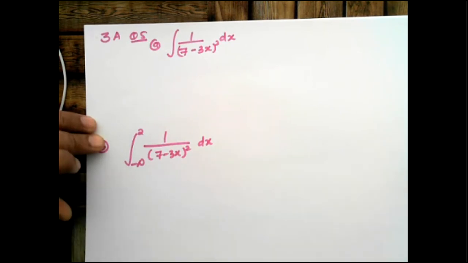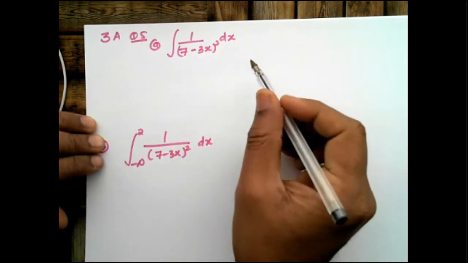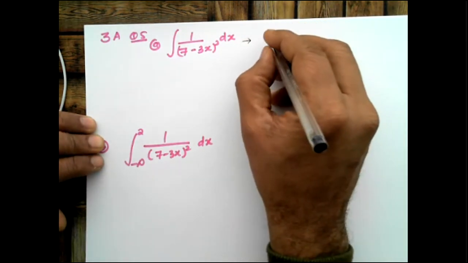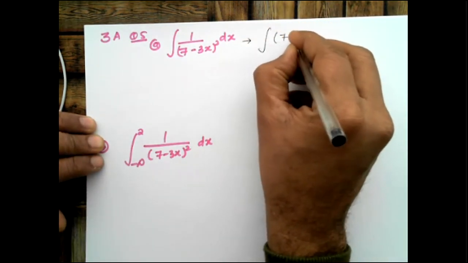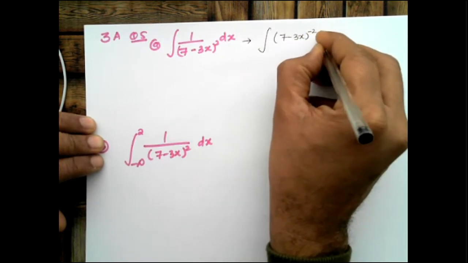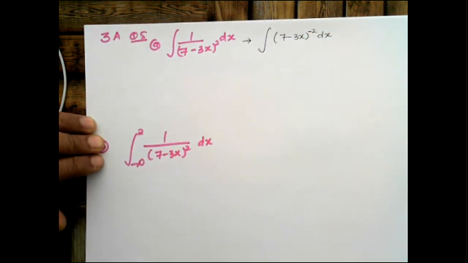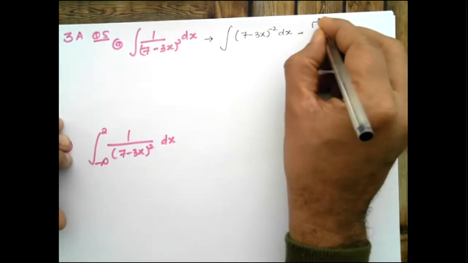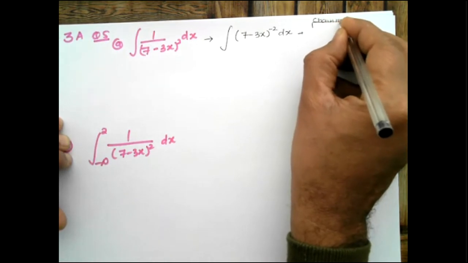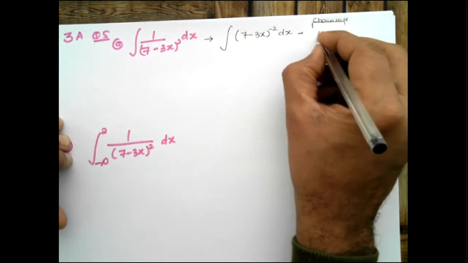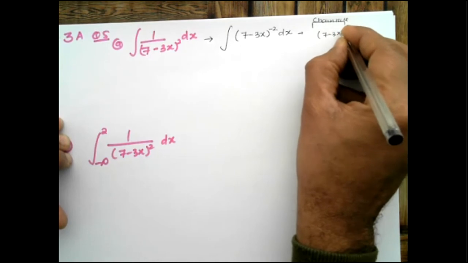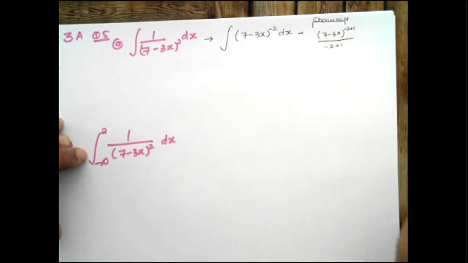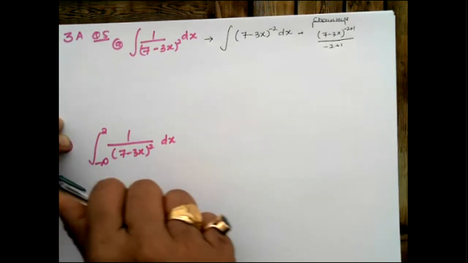All right, guys, so how do we integrate this? Using first year pure maths knowledge, you have to do the integral of (7 minus 3x) to the power minus 2 dx. Then you use the reverse chain rule in here. You use the power rule first, which gives me (7 minus 3x) to the power minus 2 plus 1, divided by minus 2 plus 1. Then comes the reverse chain rule. What do we have to do?